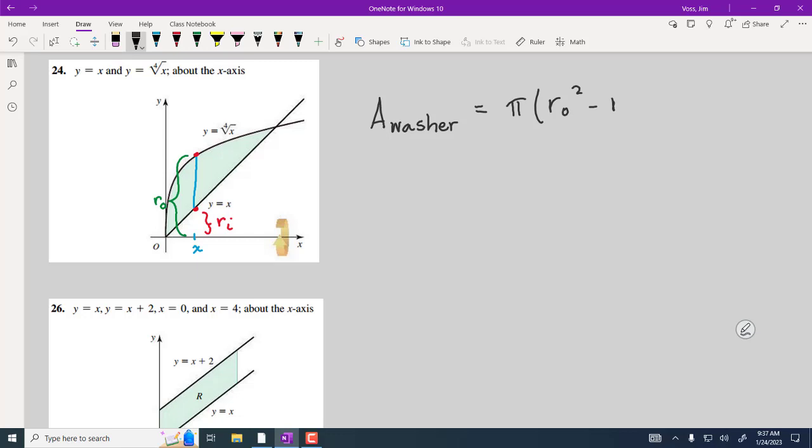So here is our generic formula for the area of a washer. Now, we chose a vertical element. We imagine that element as a thin rectangle. We imagine that as a rectangle that has what for its width or its thickness?